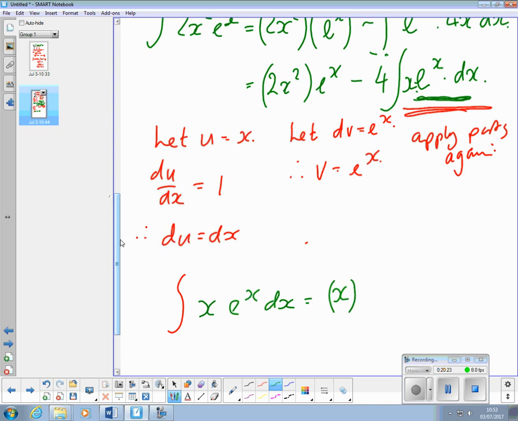So u is x, v is e to the x, minus the integral of v, e to the x, du, which is equal to dx.